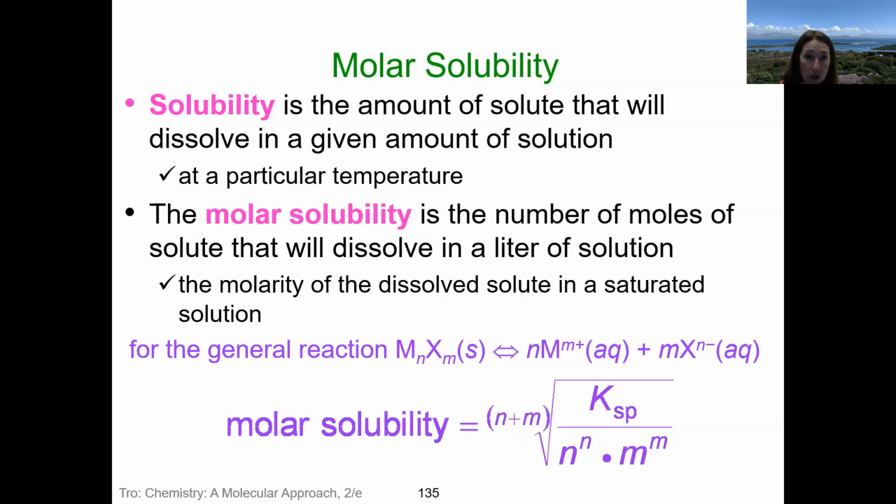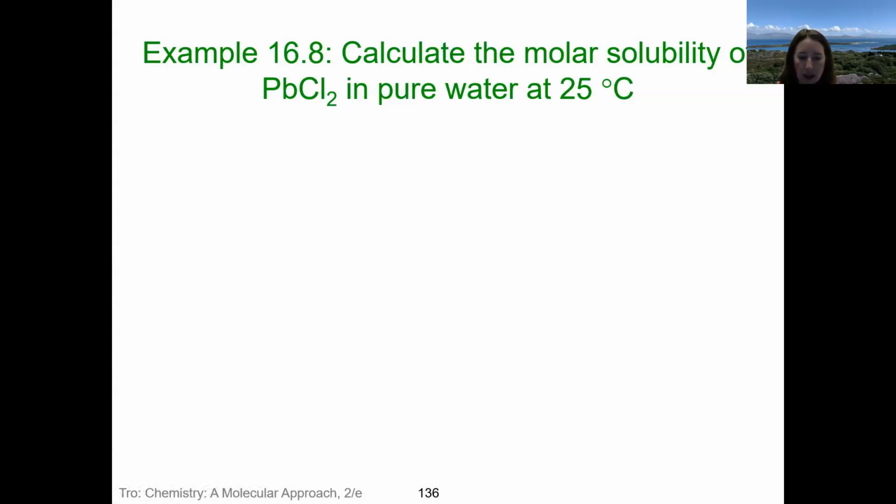Right? So the molar solubility is the amount, so the number of moles that will dissolve. The Ksp is like the Ka and the Kb, right? For some reason, people get the two of those mixed up, I guess, because they both have solubility in them. But I'm going to continue to try and draw a distinction between the two, just so you don't accidentally mess them up. Okay, so let's calculate the molar solubility of PbCl2 in water.